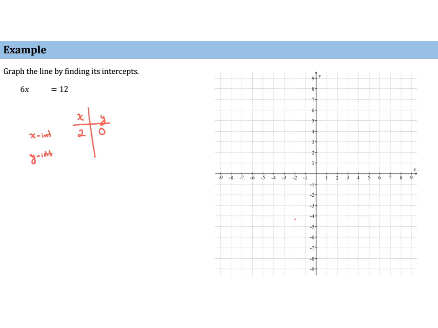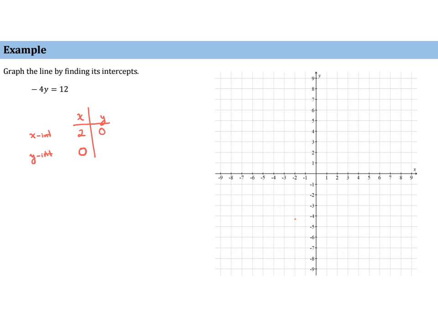Now likewise, if we're looking at the y-intercept, we're going to let x be 0. And so we have 6x minus 4y equals 12, and we're going to again let x be 0 this time. So we have negative 4y equals 12.